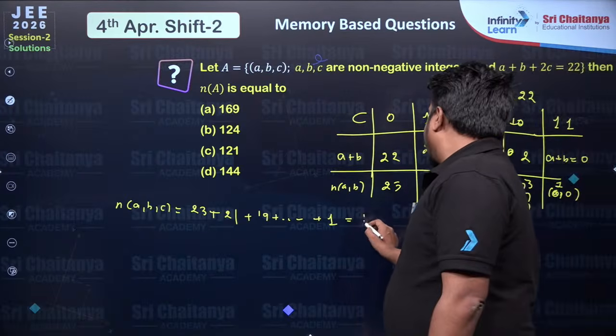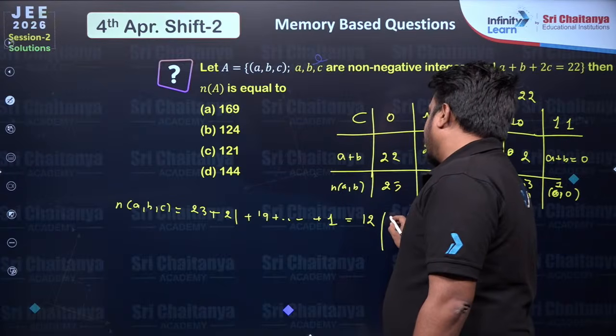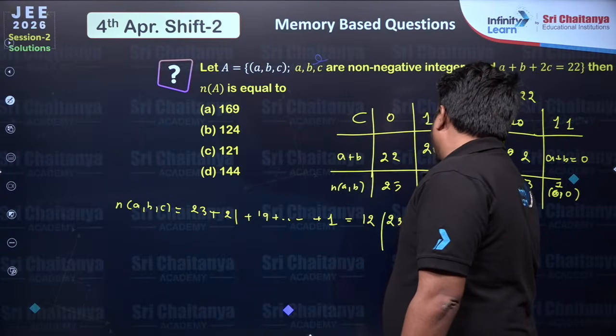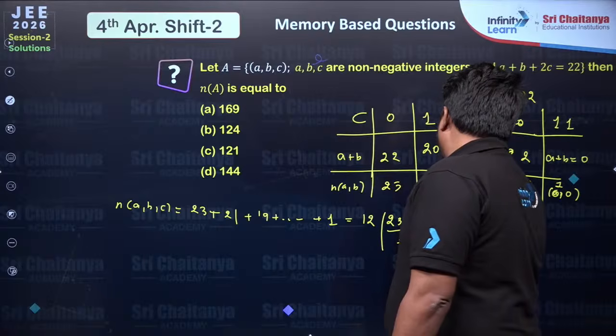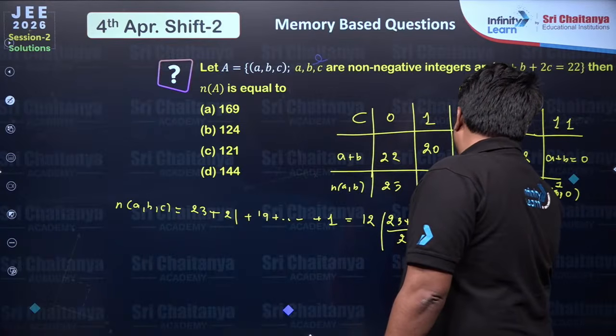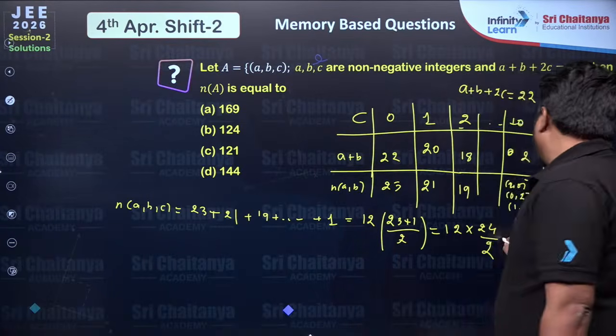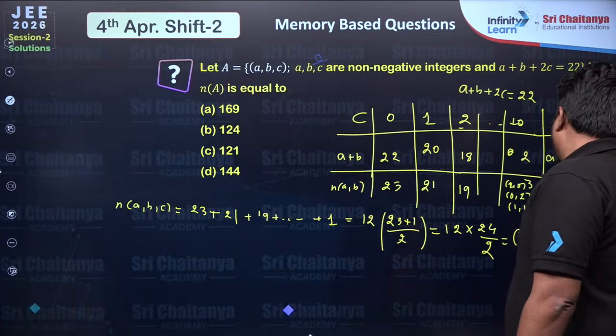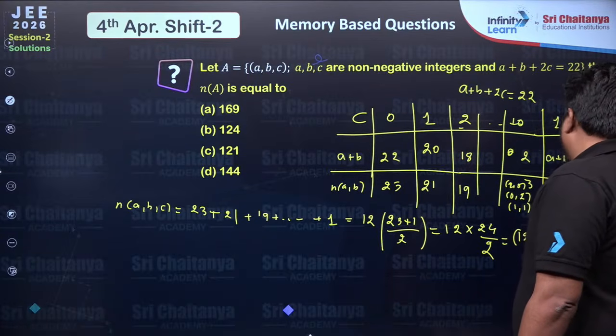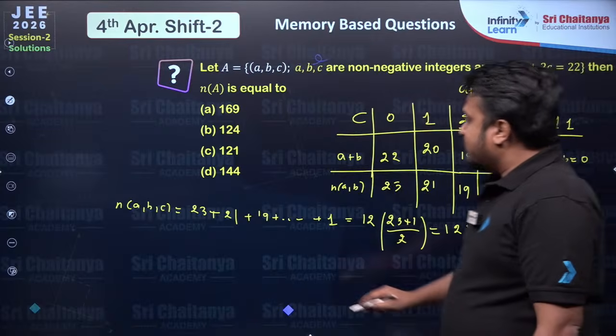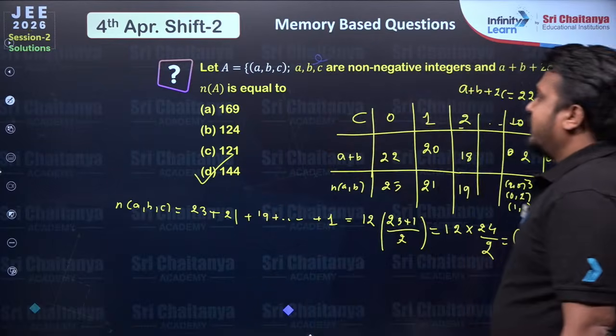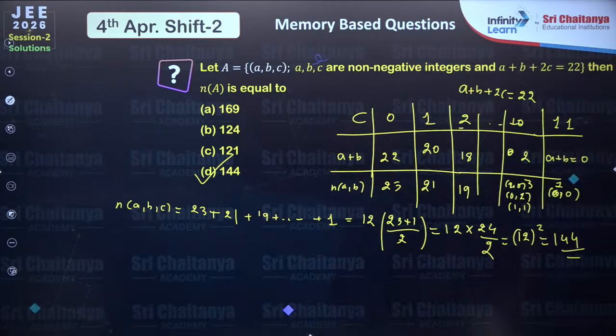So the sum of this will be 12 times (23 plus 1) by 2. So 12 into 24 by 2, which will be 12 squared, which will be equal to 144, right? So I hope this problem is understood to everyone.